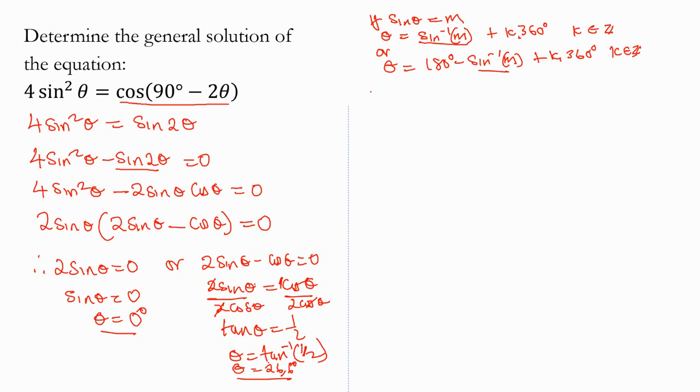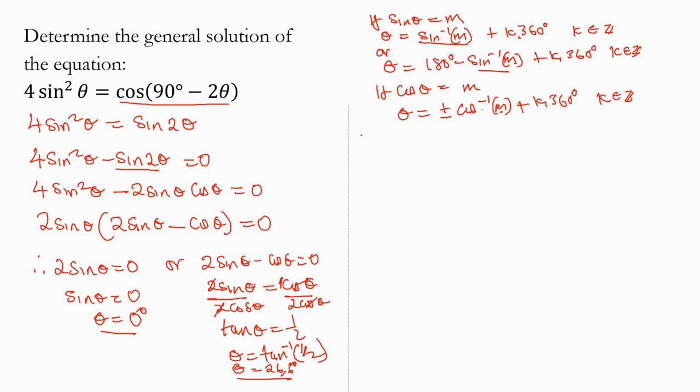And if cos theta is equal to m, remember that theta is equal to positive or negative arccos m, plus k times 360 degrees, where k is an element of integers. These are two things: we have a positive reference angle and a negative reference angle.